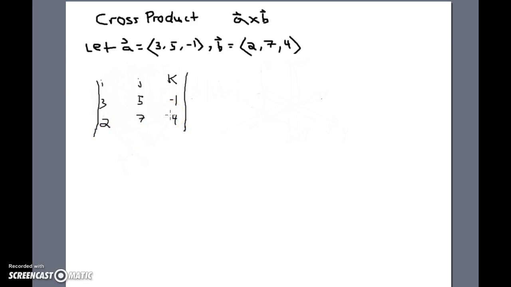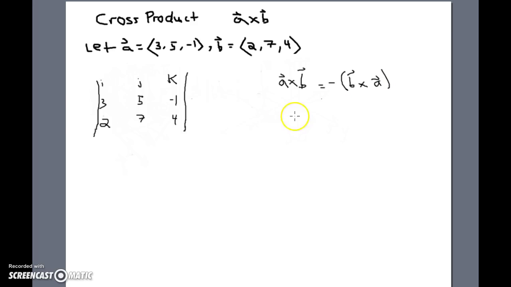Understand that A cross B is not the same thing as B cross A. In fact, I'll just write this property right here just so you know it. A cross B is equal to the opposite of B cross A. So the cross product is not commutative.